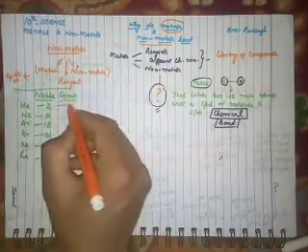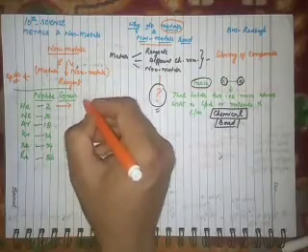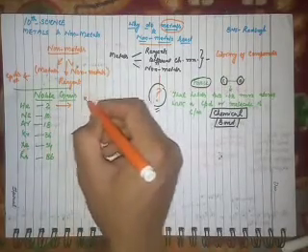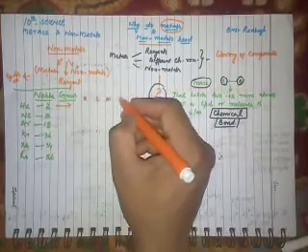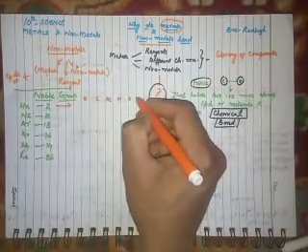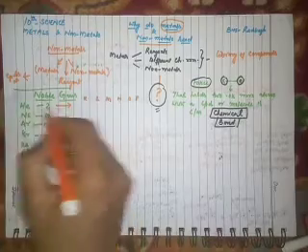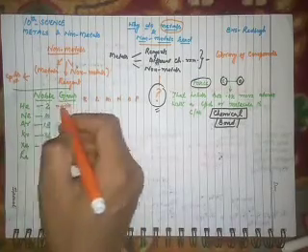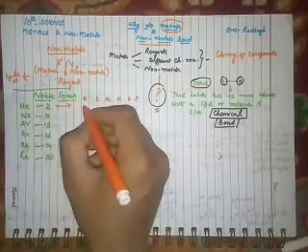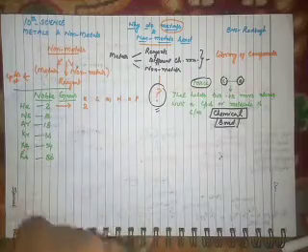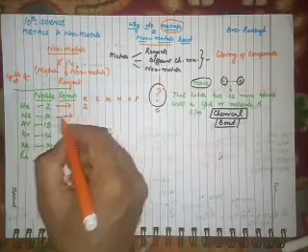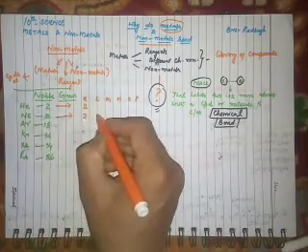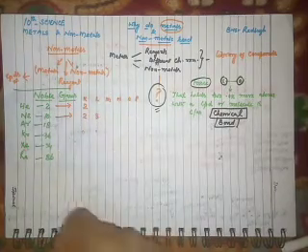And if we write the electronic configuration, we have the first shell, that is K, second is L, third is M, N, O, P, and so on. In case of helium we have 2 electrons, and the first shell can accommodate a maximum of 2 electrons, and the second can accommodate a maximum of 8 electrons.